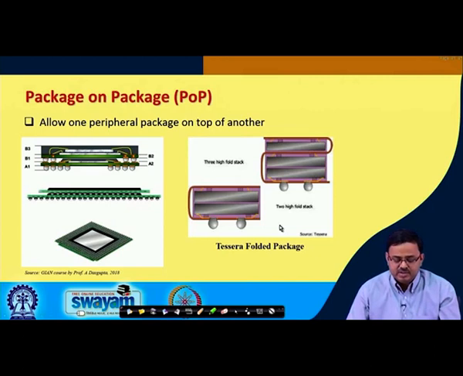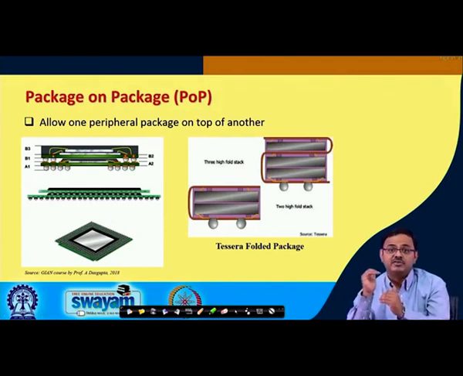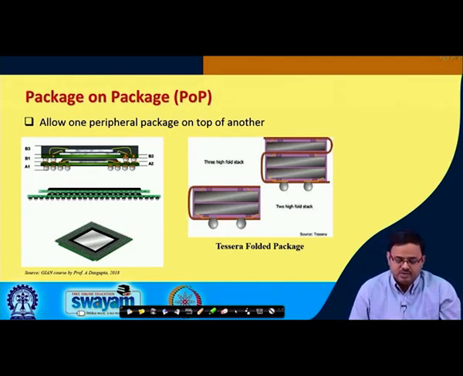And then sometimes, you know, these substrates can be flexible. So, you can have these folded packages. I am showing this tessera folded package, and you see the substrate, it was a common substrate which is folded through 2 right angle bends, and this is how the 2 packages are now stacked on top of each other.